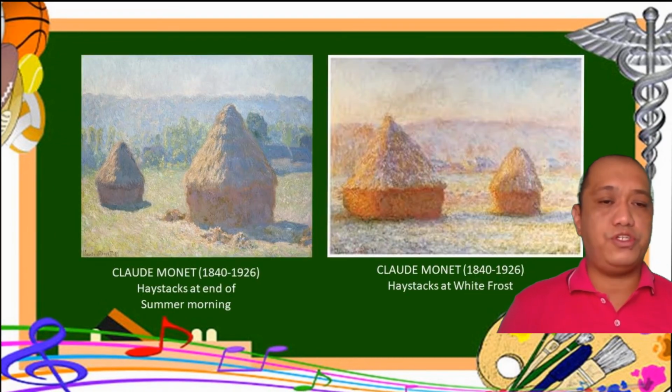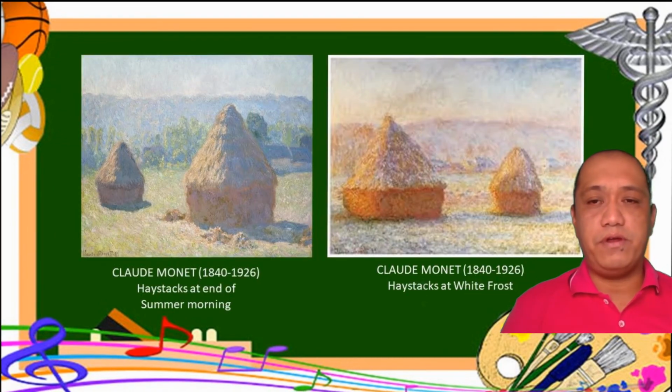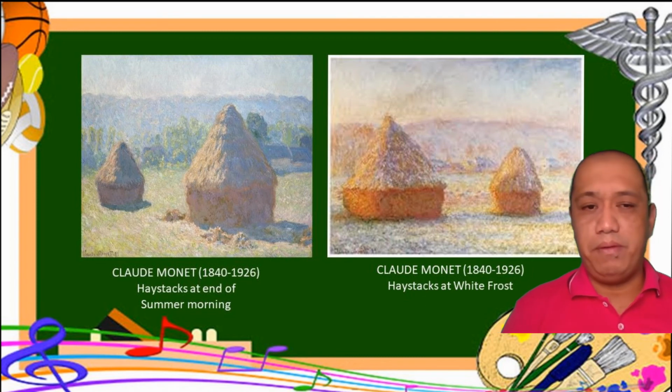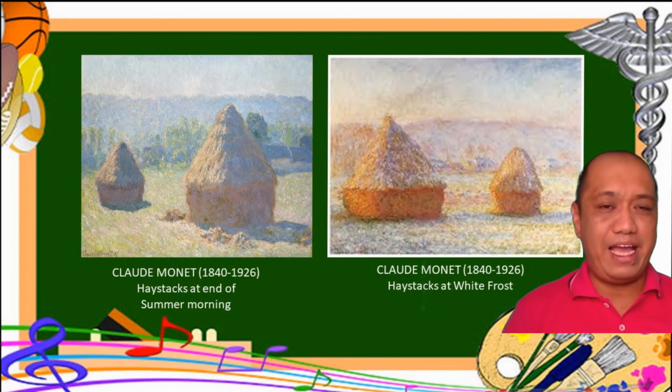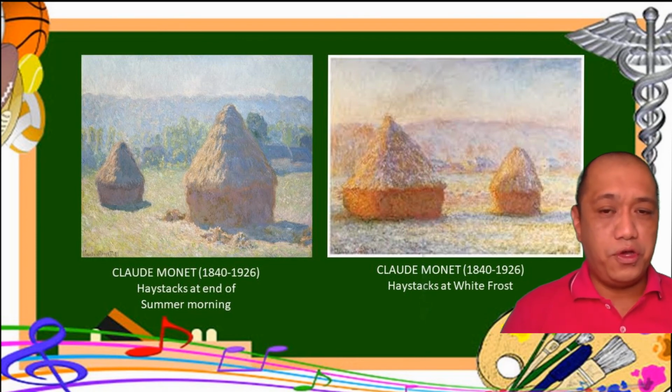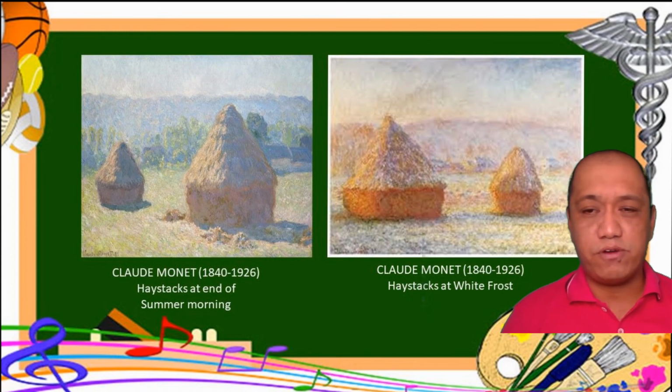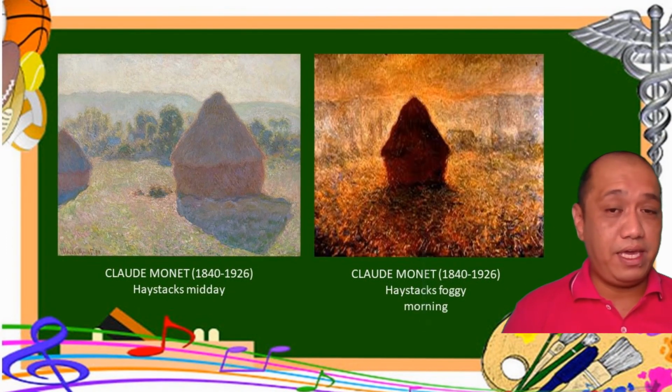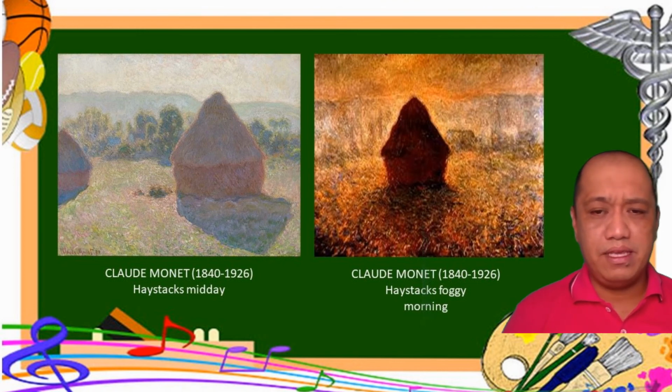Now I do have here pictures of haystacks in different lighting effects. Remember that Claude Monet uses lighting and is able to create different lighting effects on a single object or subject. This is the haystack at the end of summer, morning, compared to the haystack in white frost. Another lighting effect, haystack at midday, and haystack in the foggy morning.